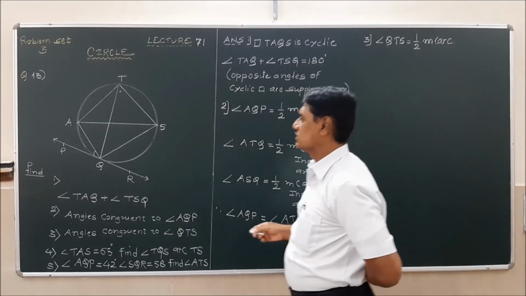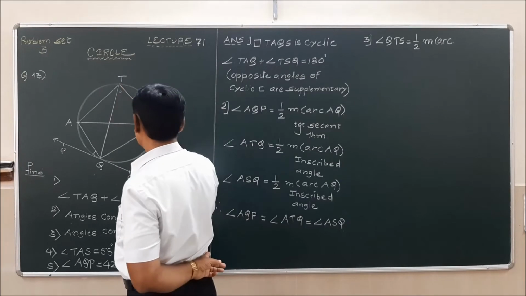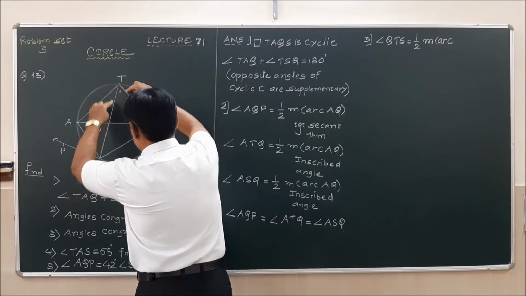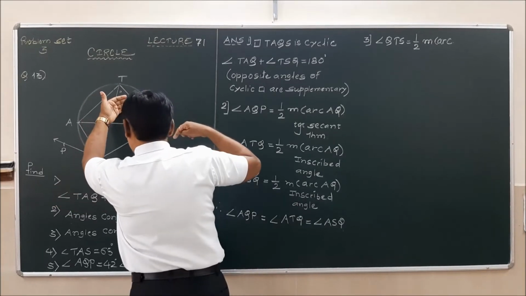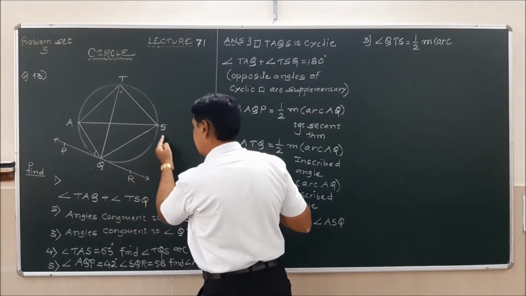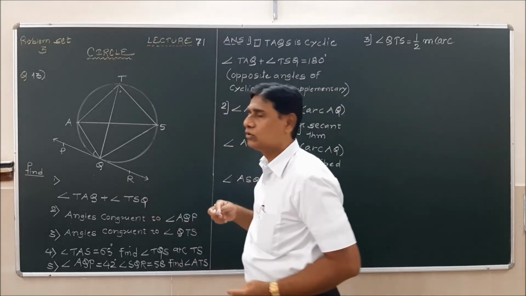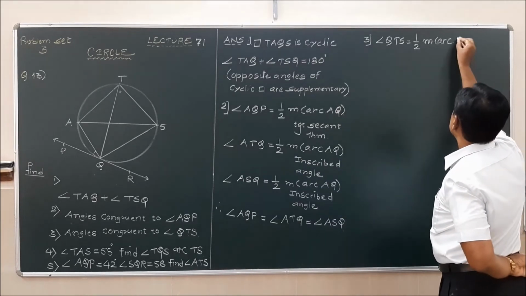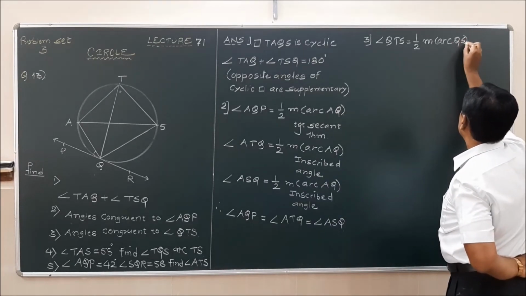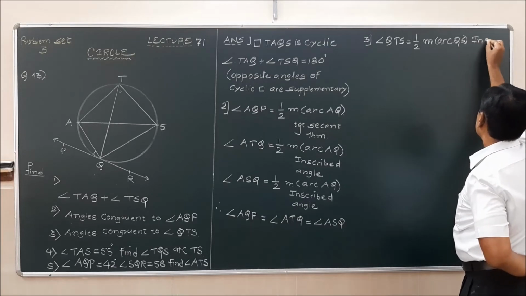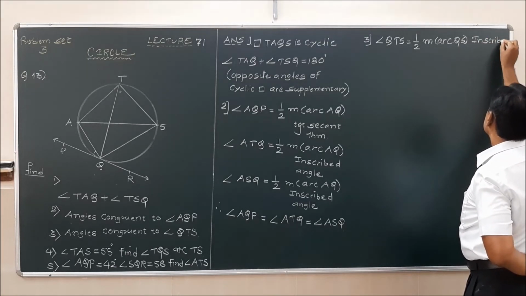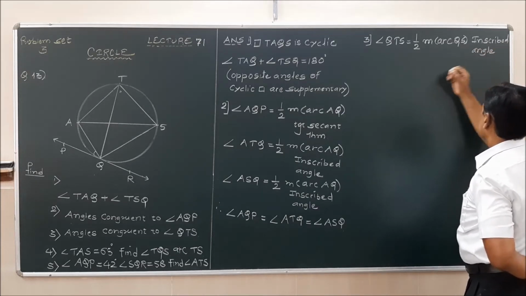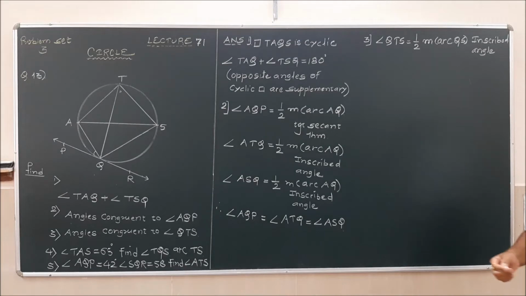Angle QTS, this is inscribed angle and these two sides are there, PQ and TS. So opposite arc, which is called as intercepted arc. So you will find angle QTS is equal to half measure arc QS. Inscribed angle. This is inscribed angle, angle QTS.